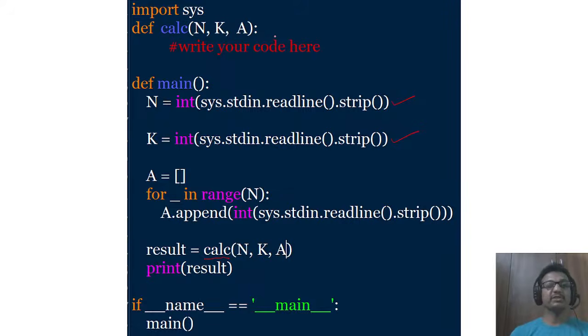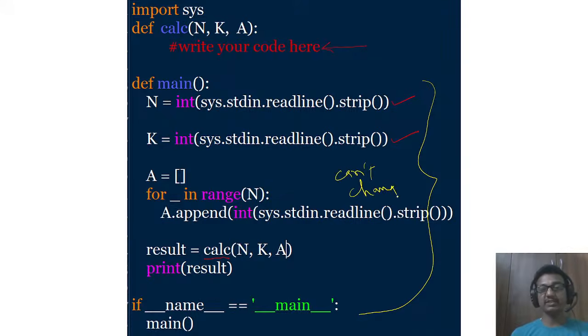Now this is the function defined here. So you need to write code here. You cannot change the rest of this code, it is already pre-written. You are not allowed to make changes in it. The only thing is you need to write the code at this part.